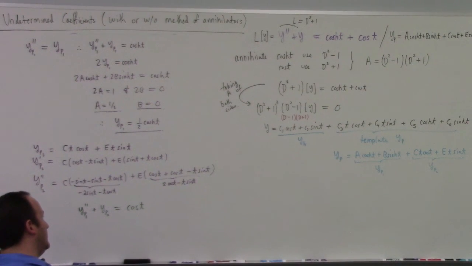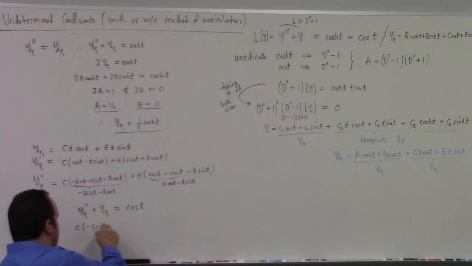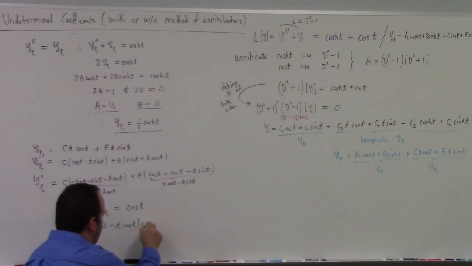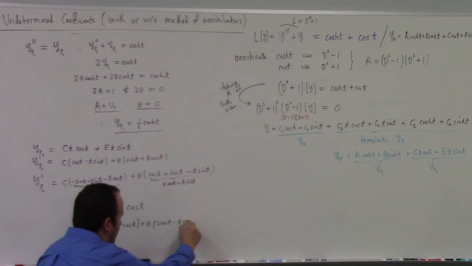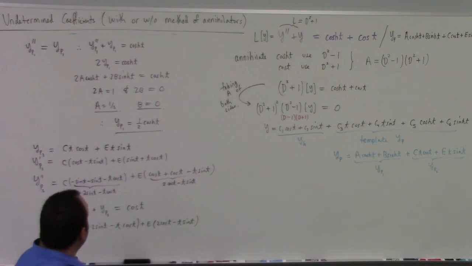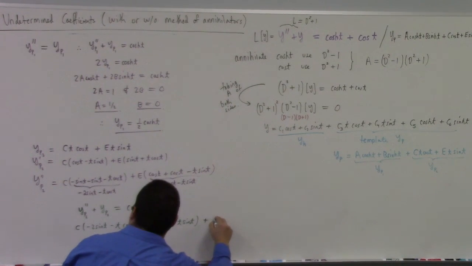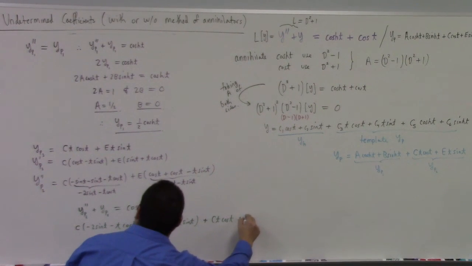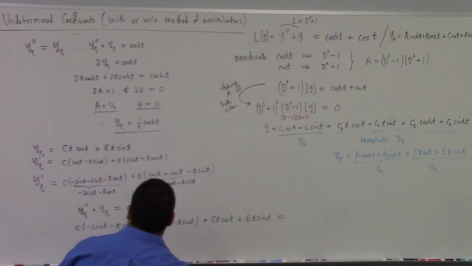Okay. So this gives me c times minus 2 sin t minus t cos t, plus e times 2 cos t minus t sin t, and then plus yp2, which is c t cos t plus e t sin t. All of that is equal to cos t.